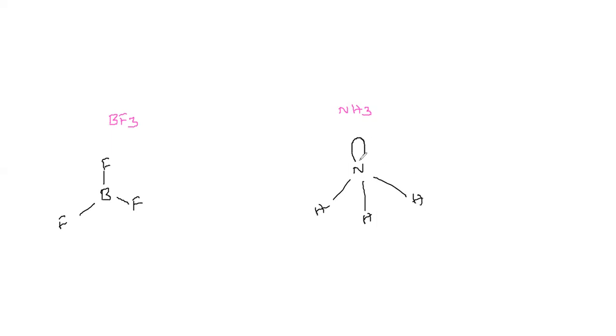Here one lone pair is there; here there are no lone pairs. Which is more electronegative? Fluorine. The vector arrows are always written toward the more electronegative atom. The top arrow is like this and the bottom two are like this, so they cancel. So mu equals zero in this case.